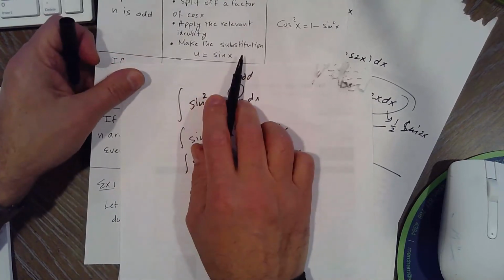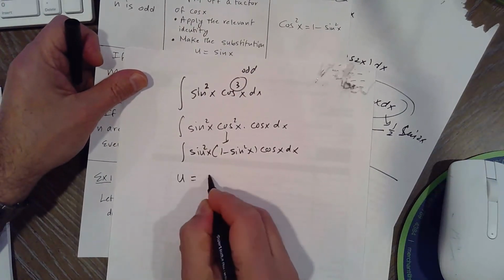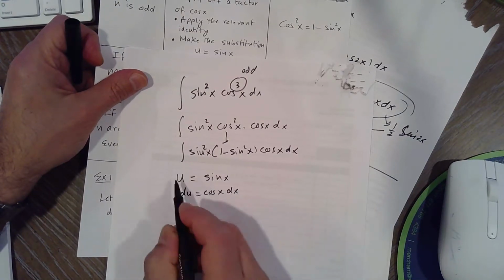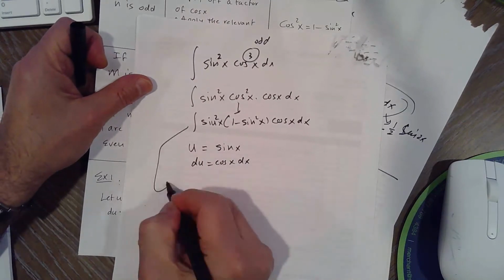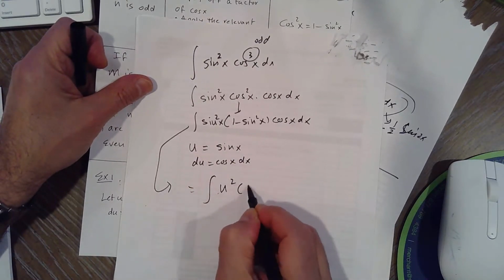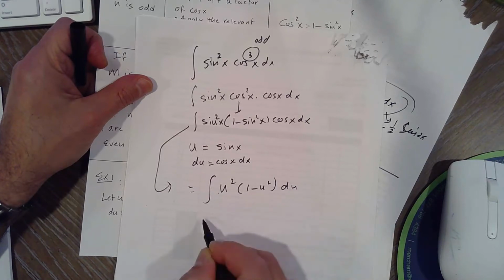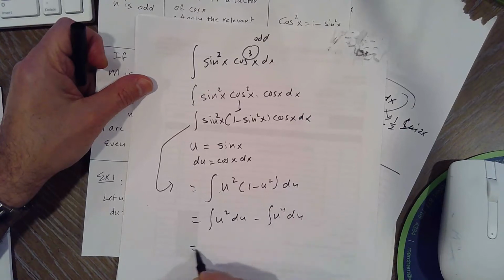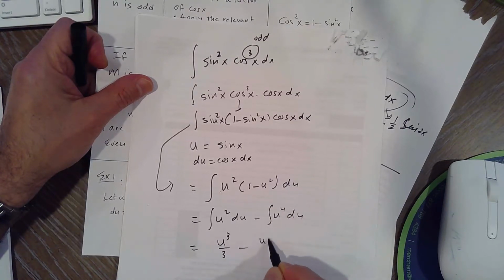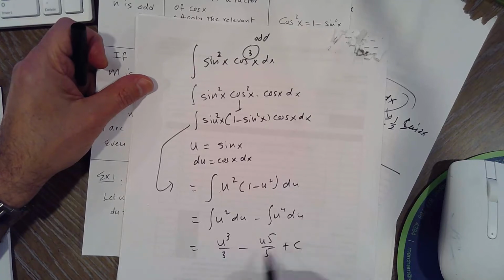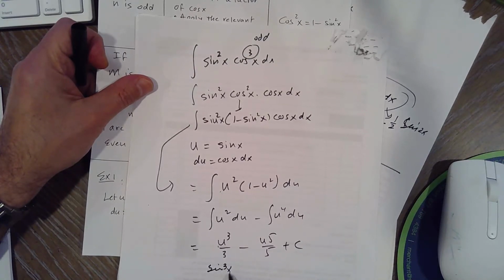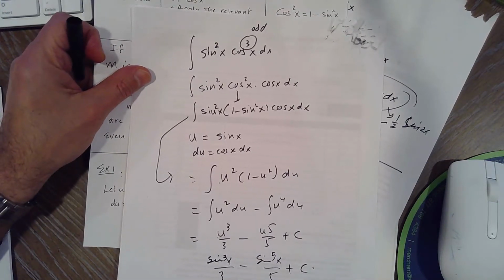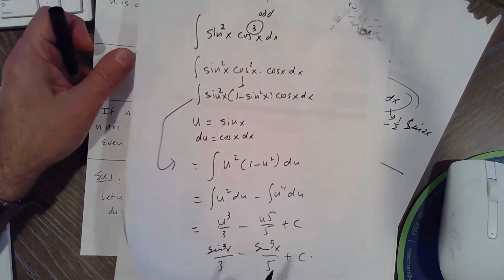Then you make the substitution u equals sine x, so du is cosine x dx. That would be the integral of u square (1 minus u square) du, which can be easily integrated: u cubed over 3 minus u to the 5th over 5 plus c, and u is sine x, so it's sine cube x over 3 minus sine to the power 5 x over 5 plus c. Okay, that's what this one means.